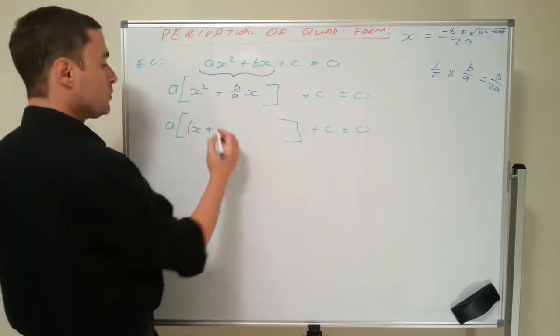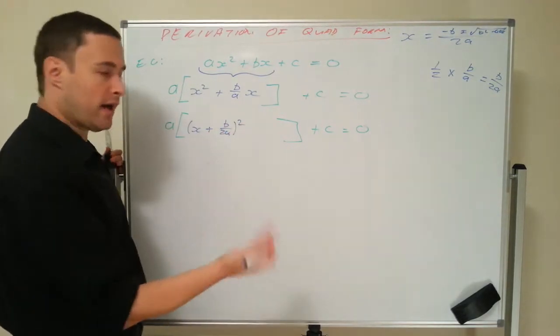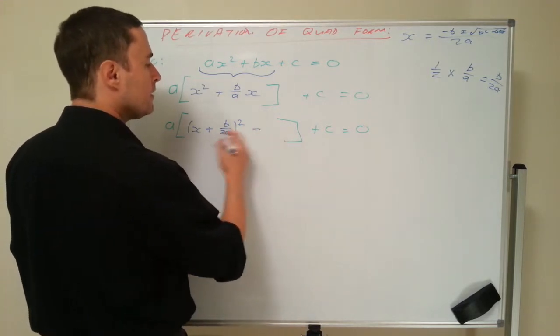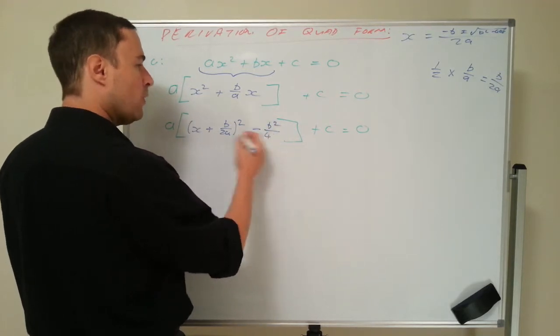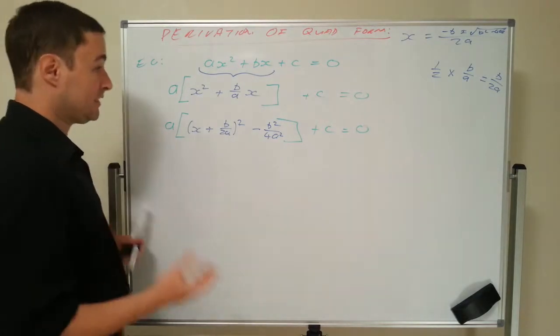You with me? So plus b over 2a, all squared. Now I have to correct for that error that's coming in when I square this, minus that squared. b squared over 2 squared is 4, a squared is a squared. You're with me? Okie dokie, fantastic.